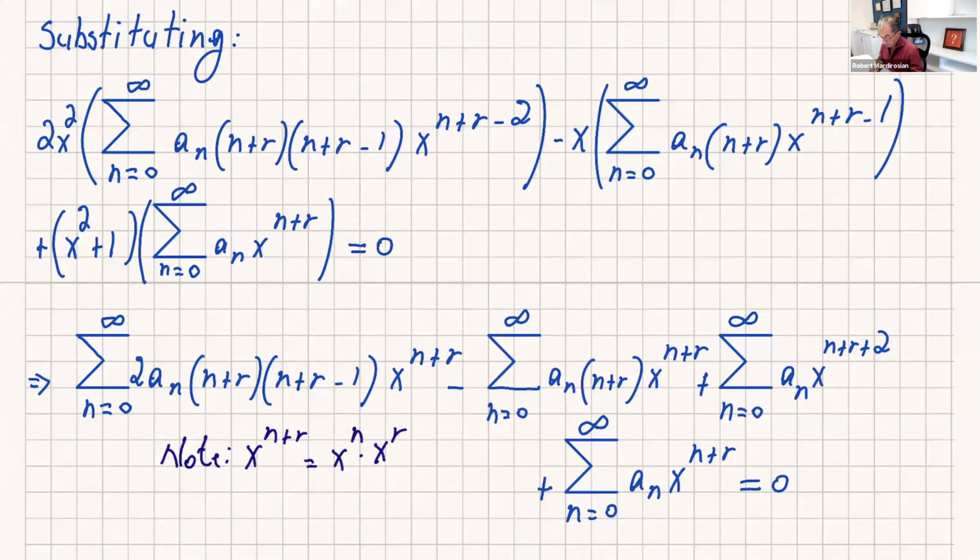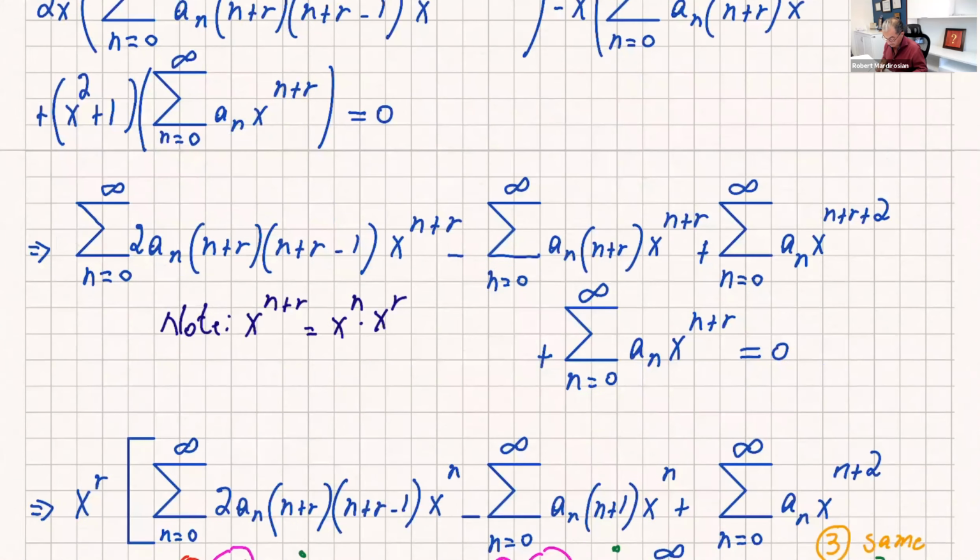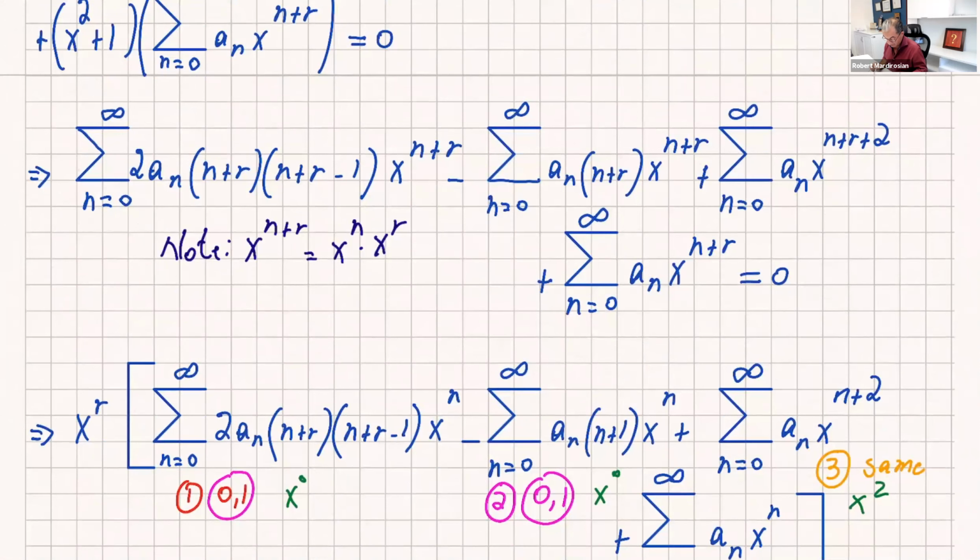These are just like the last problem: x times x to the power of n plus r minus 1 is just x to the power of n plus r. And this one you just distribute the power series to x squared and 1, and finally you get this expression.